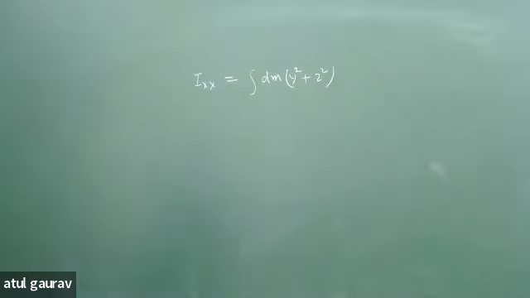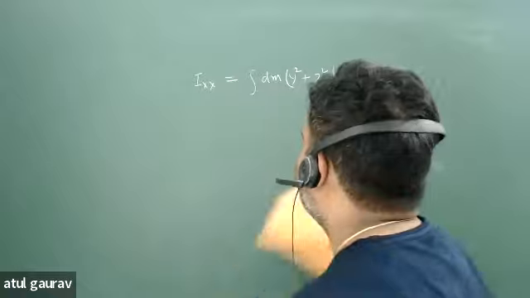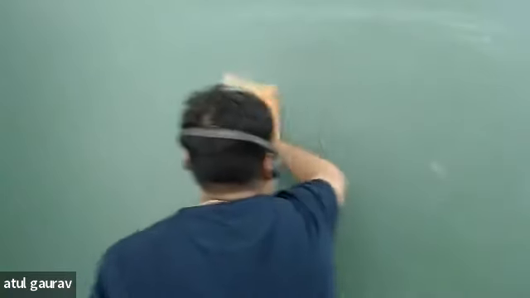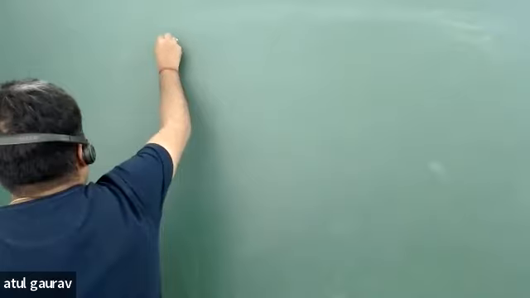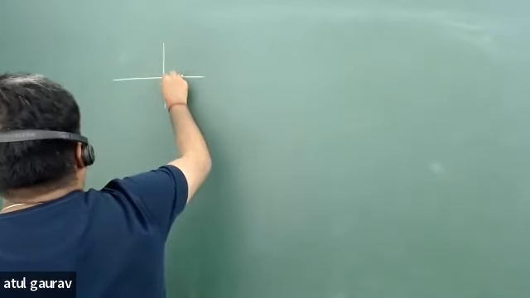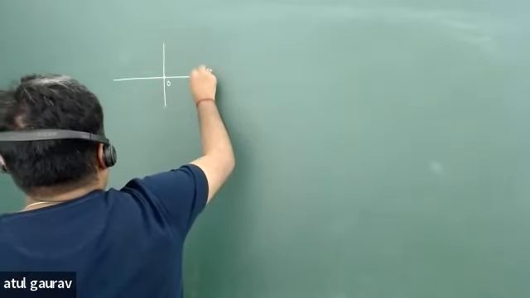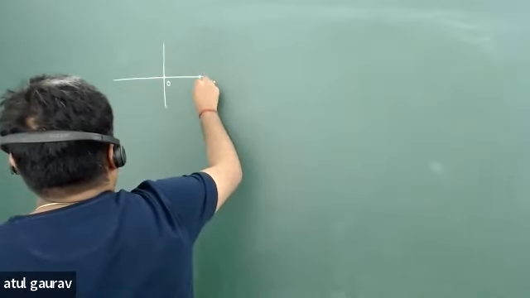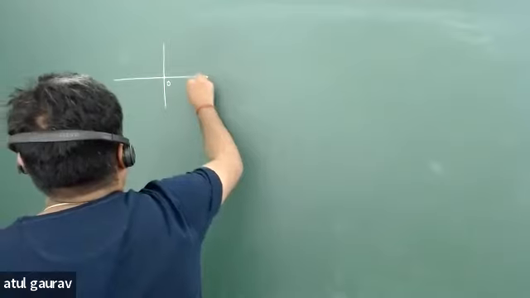So let's try to go for some basic problem. This is my origin, and this is along the x-axis. This point is (a, 0).